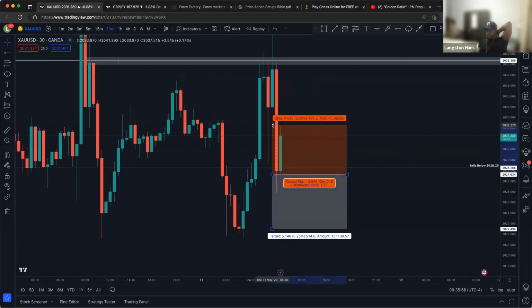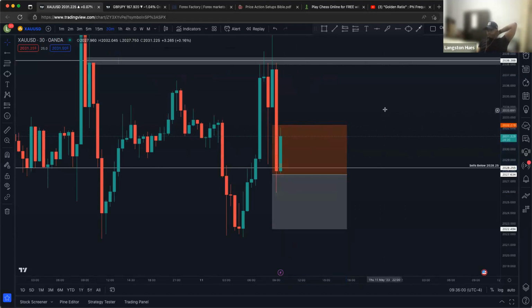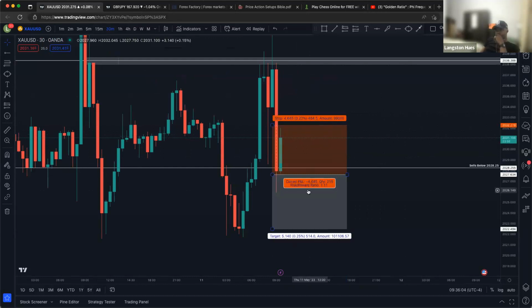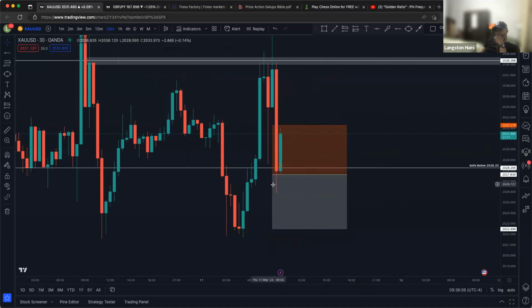Now what kind of stops? Like 45 pip stops. Not bad. If it comes back down, I'll have a sell stop. But this might close back into the range. This is like two ranges here, you see, actually.